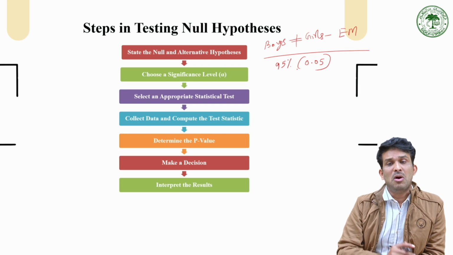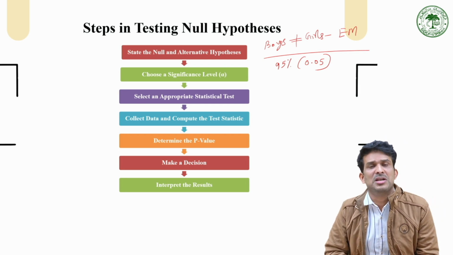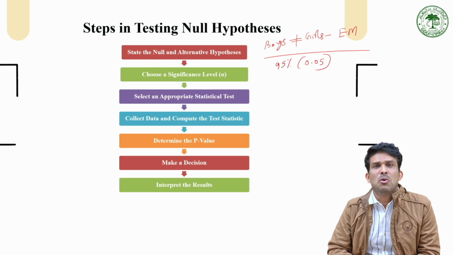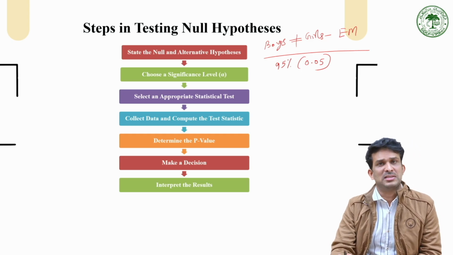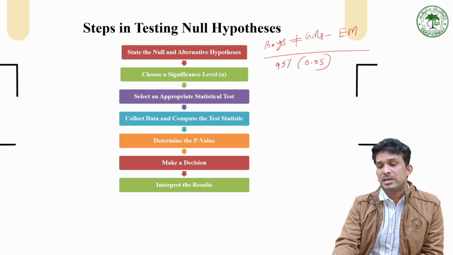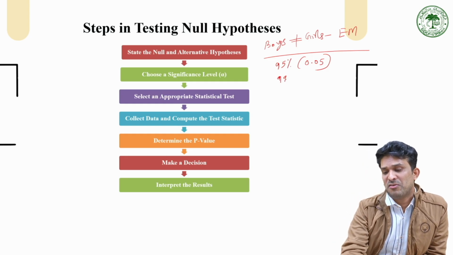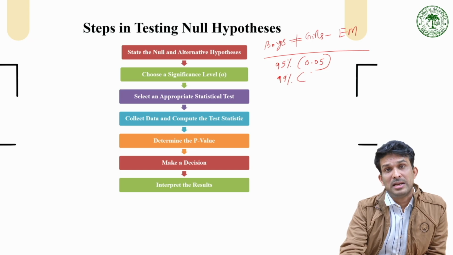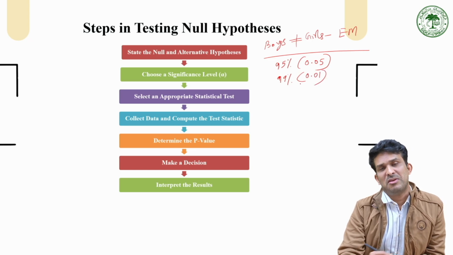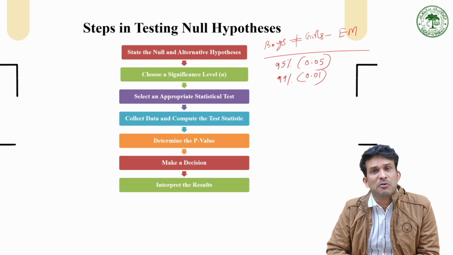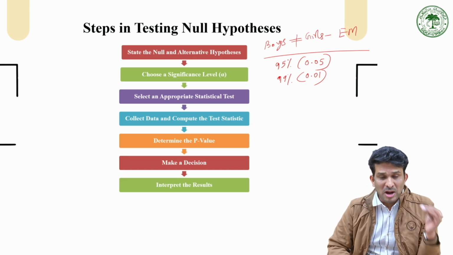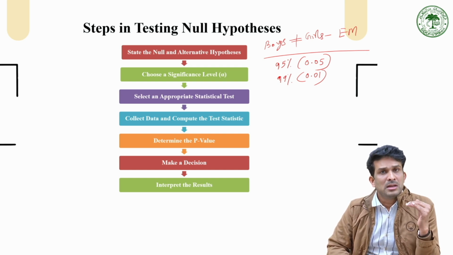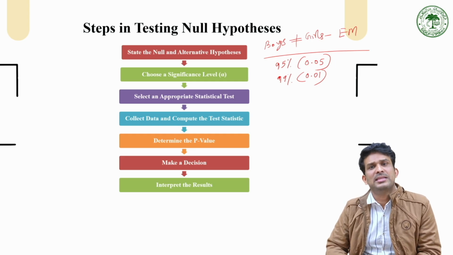As I have already mentioned in the previous discussions of this course, there are two prevalent levels we use in social sciences, education and humanities: the 95% confidence limit and sometimes the 99% confidence limit. Otherwise, we mention them as the 0.01 level and 0.05 level of significance. So once the hypothesis is there, you mention the level of significance. Decide the level of significance.